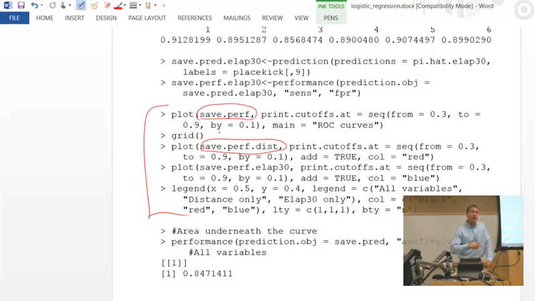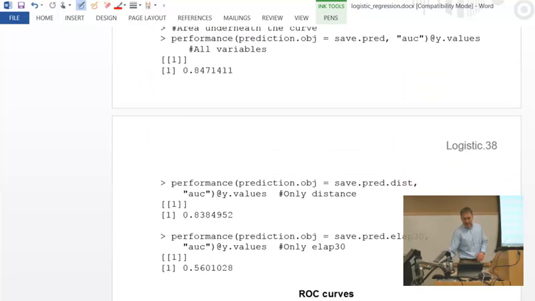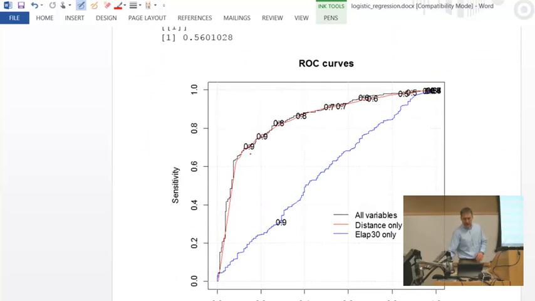And the way that I'm going to plot this on the previous plot is I add the argument add=TRUE. I'm going to do the exact same thing for the ELAP30 variable and its corresponding model, add=TRUE again, and put a nice little legend on it so we can see what's going on. And here is the corresponding plot.